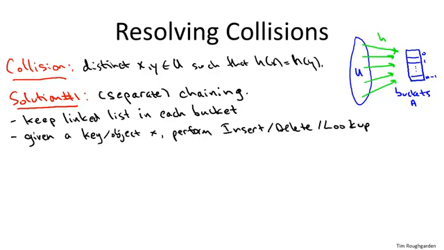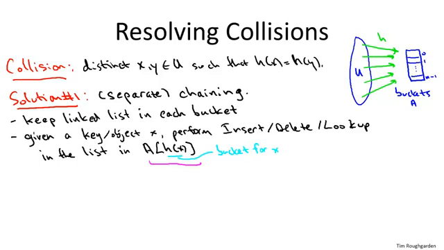Just to make clear that everything is type checking, here h of x is the bucket for x. That's what's specified by the hash function. And then in the h of x position of this array A, in the h of x bucket, is where we find the linked list that is going to contain x. Just to give a cartoon example, if you had, say, 4 buckets, maybe the first bucket has exactly 1 record corresponding to Alice.